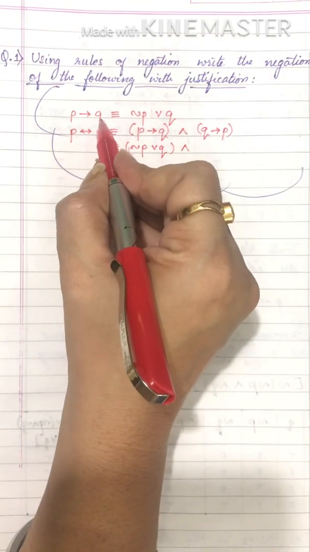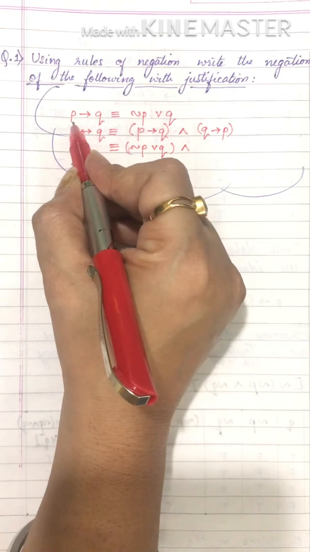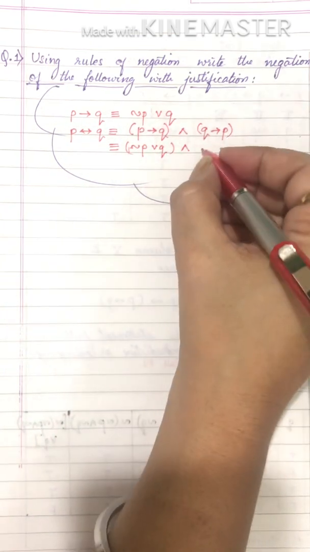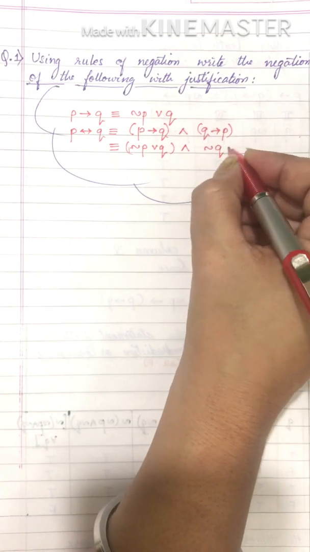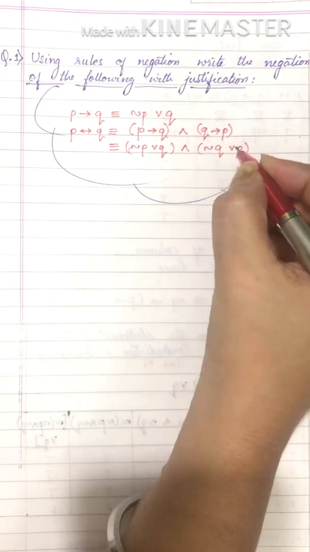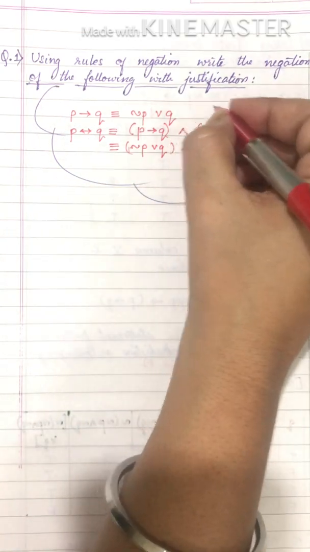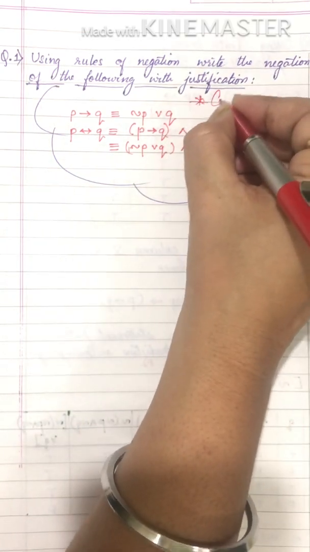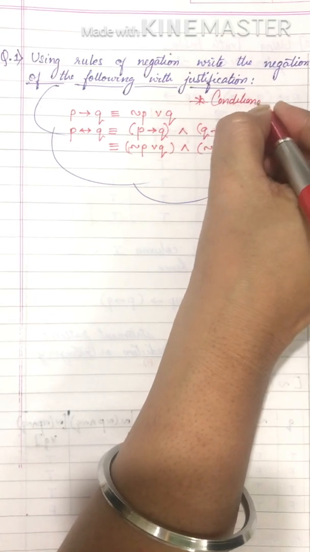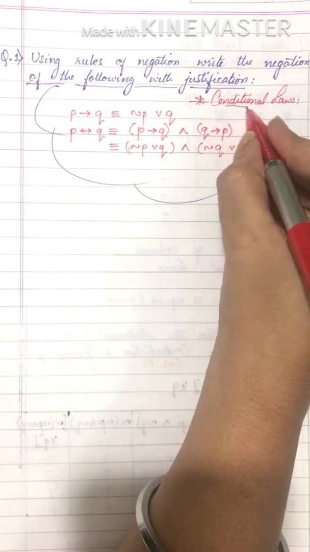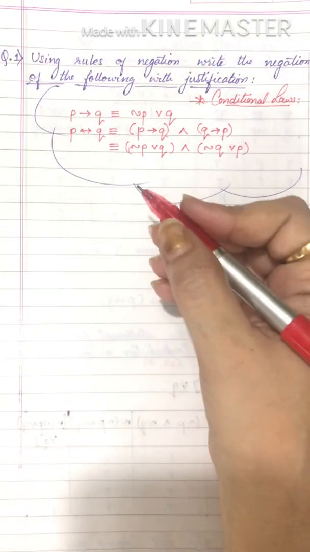See here, when P implies Q we are getting negation P or Q. So when it is Q implies P, we would get negation Q or P. This is the result for the biconditional law. These two are known as conditional laws.